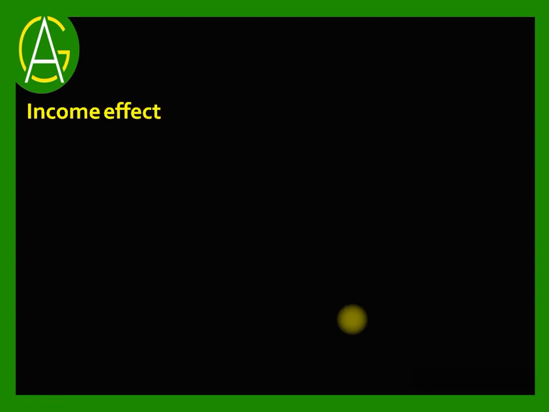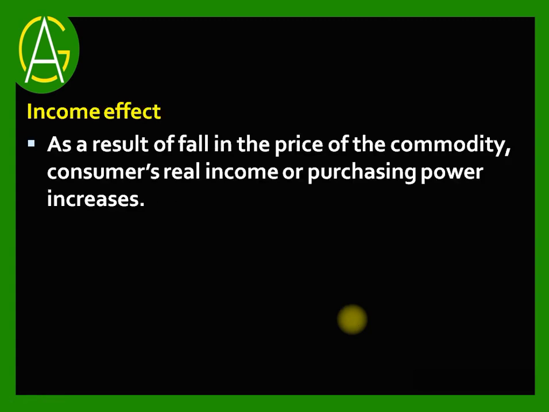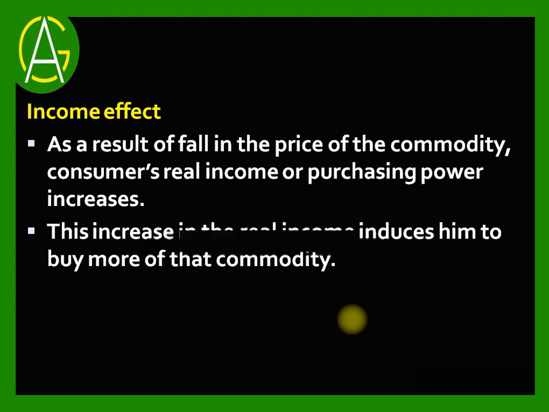Another reason is the income effect. As a result of a fall in the price of a commodity, the consumer's real income or purchasing power increases. Here, income means real income or purchasing power. When the price of any commodity decreases, the purchasing power of the person will increase.